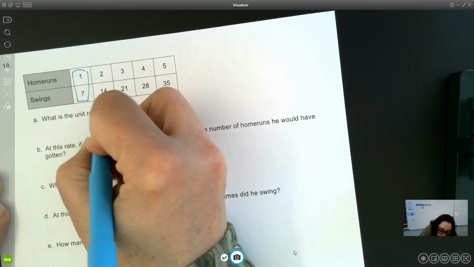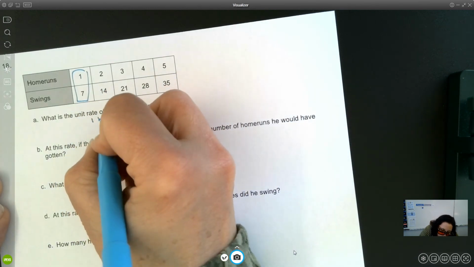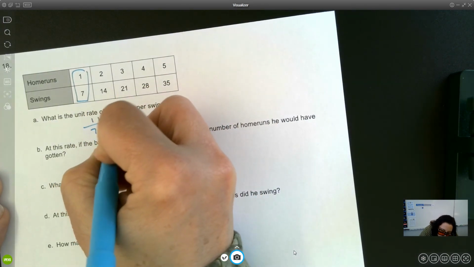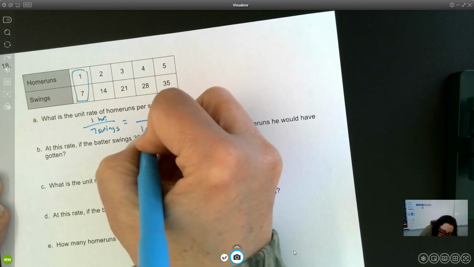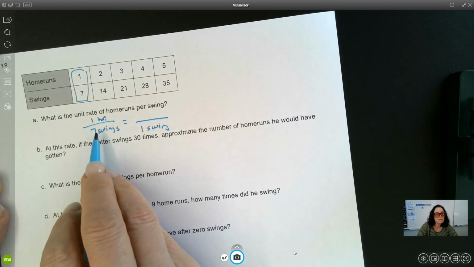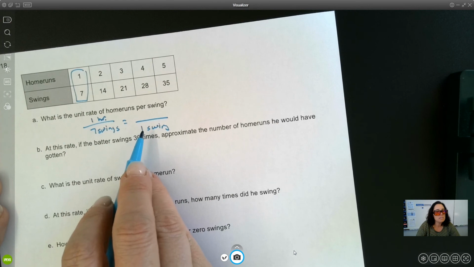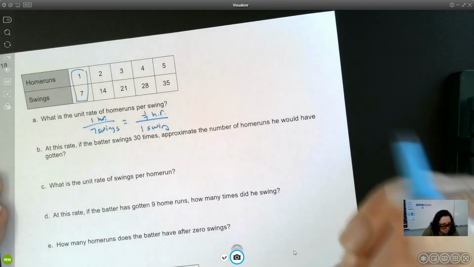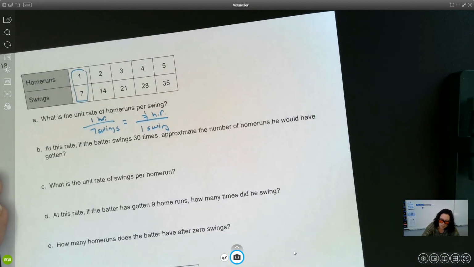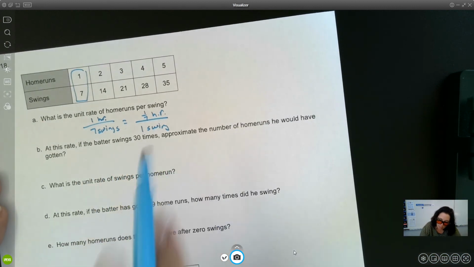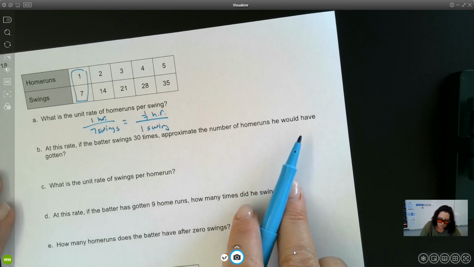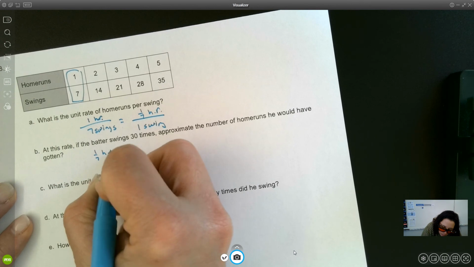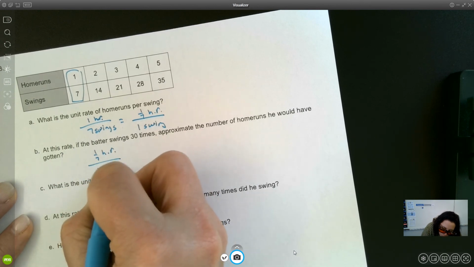1 home run, I'm going to use HR over 7 swings, and I want 1 swing. Do not think this is a unit rate because there's a 1 in there. The 1 needs to be on the bottom. So this is 1/7 of a home run. At this rate, if the batter swings 30 times, approximate the number of home runs he would have gotten. Okay, so we're going to have 1/7 home run over 1 swing.